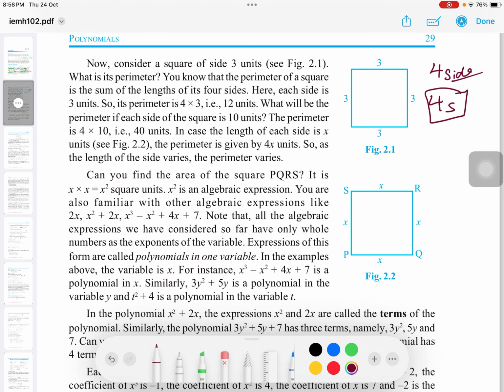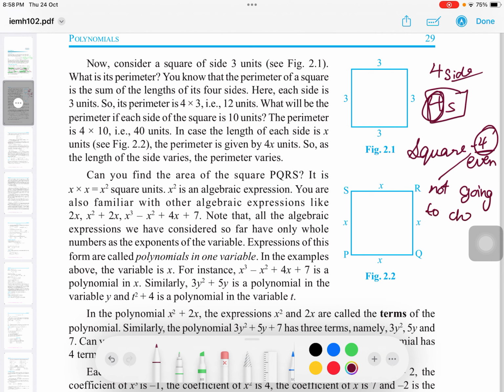Now 4 remains constant because for a square it will always have 4 sides and the 4 sides are even. So for any square this thing is not going to change, therefore it is a constant.